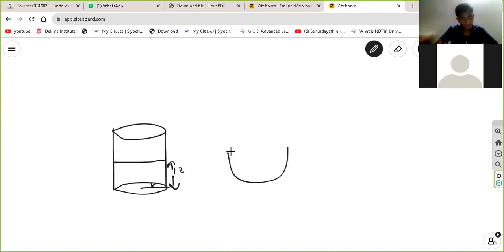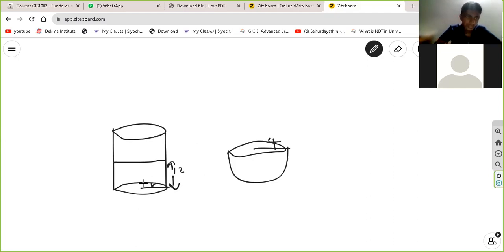This is a hemisphere. Hemisphere means half of a sphere, radius 4. In here, the volume of water contained in the right circular cylinder is enough to fill 16 hemispherical containers of radius 4. Then we can get the equation.